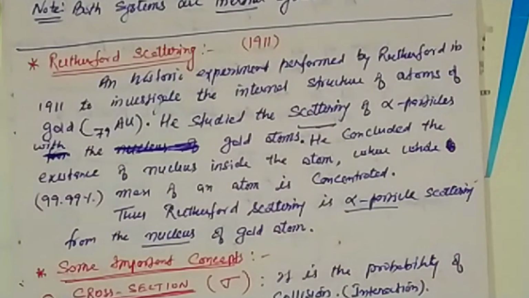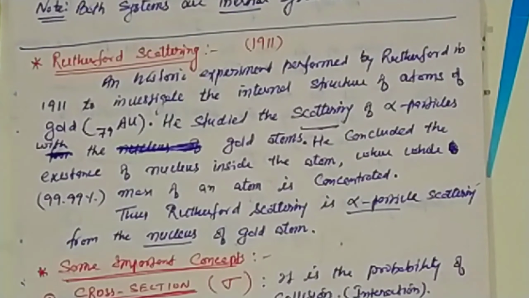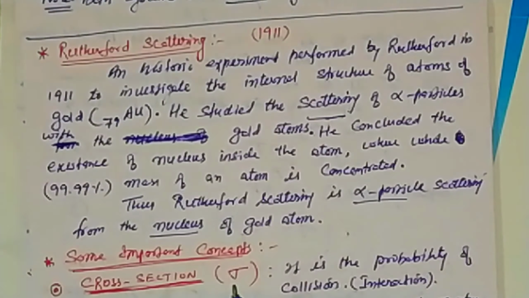So approximately 99.99% of the mass of an atom is concentrated in the center of the atom. Then he named that center the nucleus of the atom. Thus Rutherford discovered the nucleus. That is why he is named the father of nuclear physics.